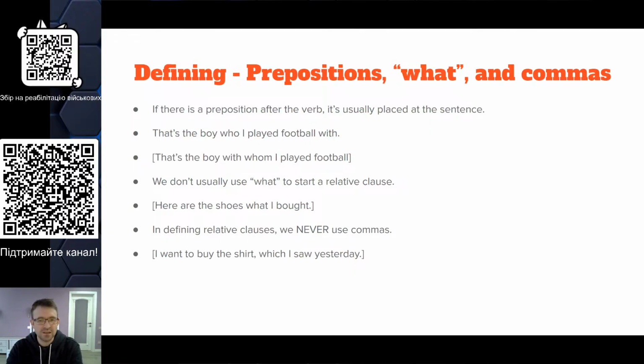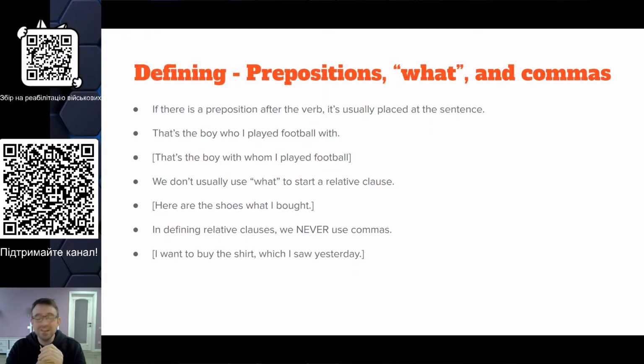But usually what will be a mistake in this situation. So for example, here are the shoes what I bought. This is a mistake, and we should say here are the shoes which I bought, or here are the shoes that I bought, because this is obviously an object. It's not alive, and so we use which or that for these things.